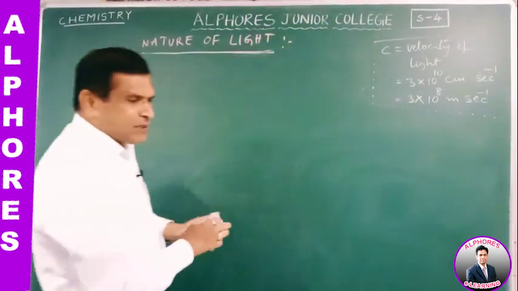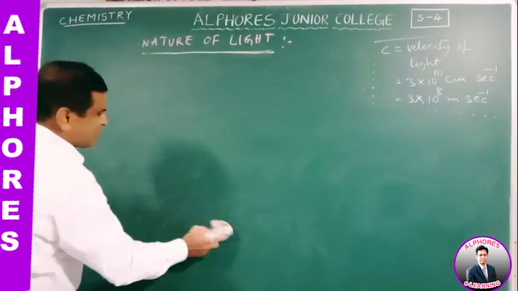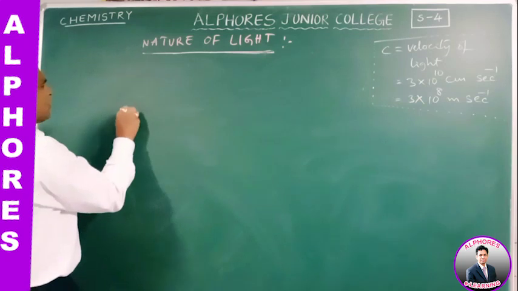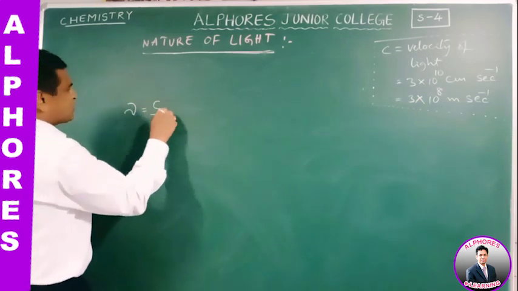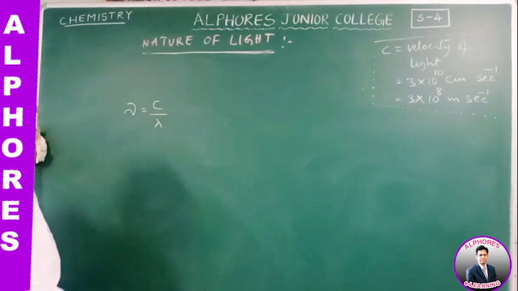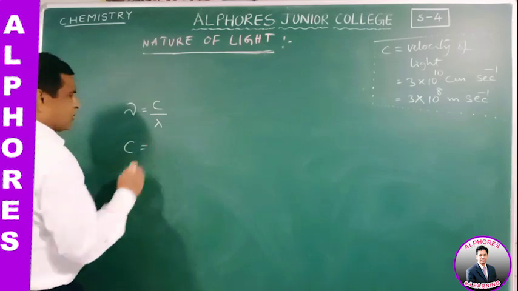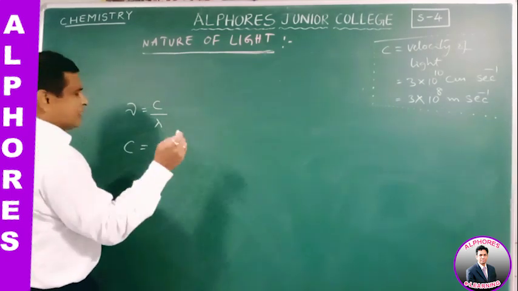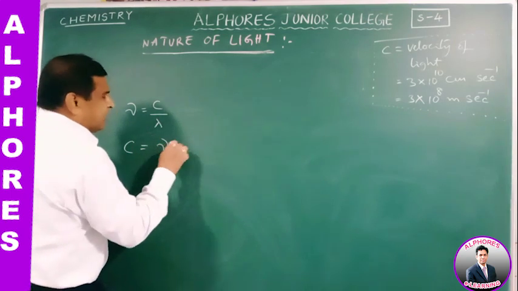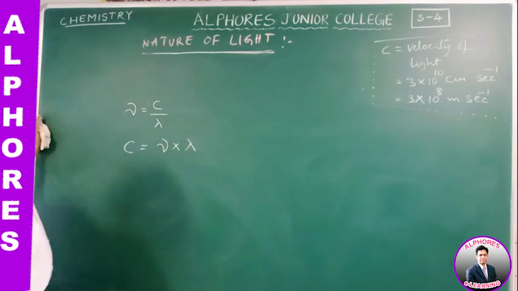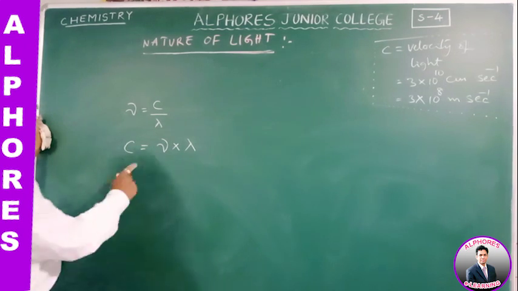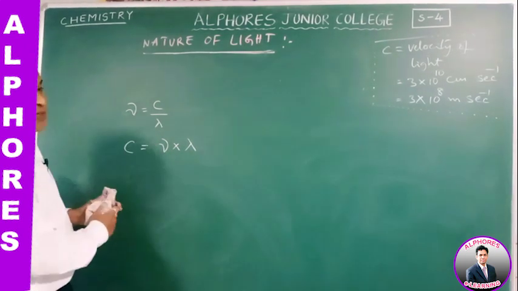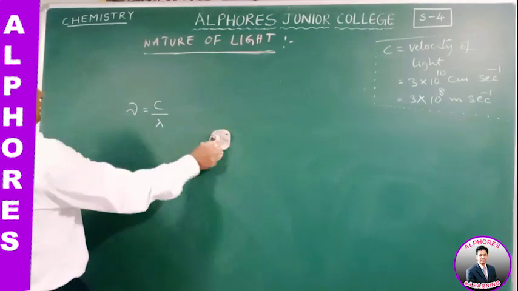As we know, sometimes you can also expect an EAMCET bit like, nu is equals to c by lambda. We understand that nu is equals to c by lambda, so c is equals to the product of frequency and wavelength, isn't it? So velocity of light is the product of frequency and wavelength of the light. Okay, like that also you can expect the objective question.